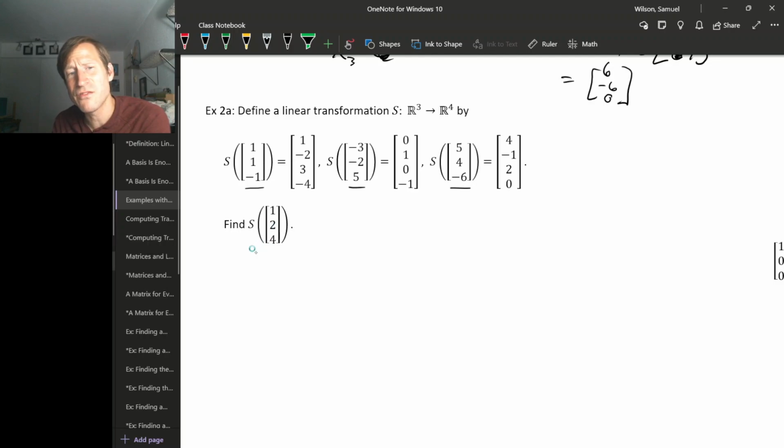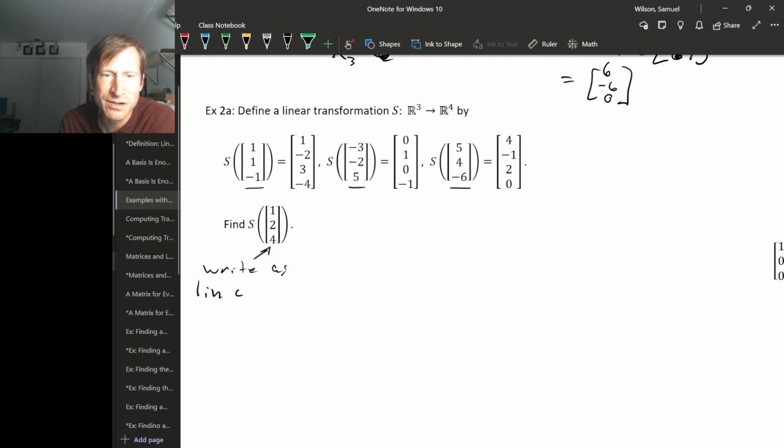Well, this is the scenario where we know the input and we want to find the output. If you remember back to the previous example of this kind, the first thing that we did was we wrote this input vector as a linear combination of the basis that we have, our basis for R3.